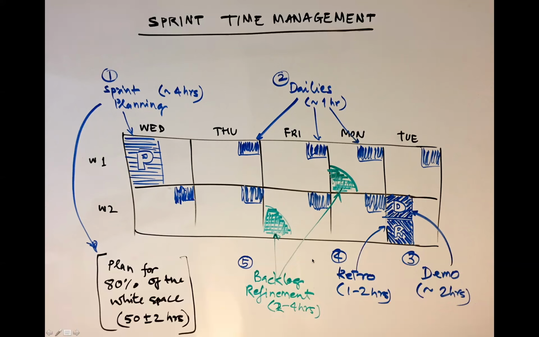Now, there's a fifth thing as well that a team must budget time for, which is the backlog refinement.